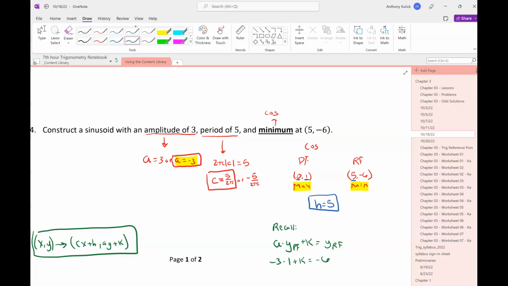So when I plug in my values for a, the y-coordinate from the parent function, and the y-coordinate of the resultant function, that leaves me with an equation I can solve for k. If I add 3 to both sides, I get that k is -3. So that's all I need.